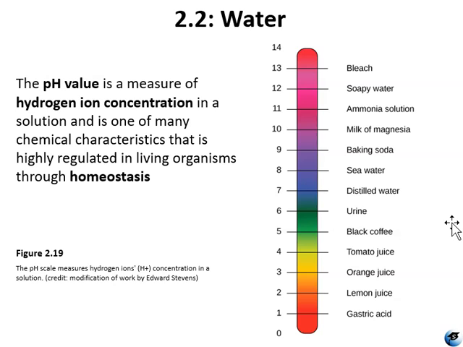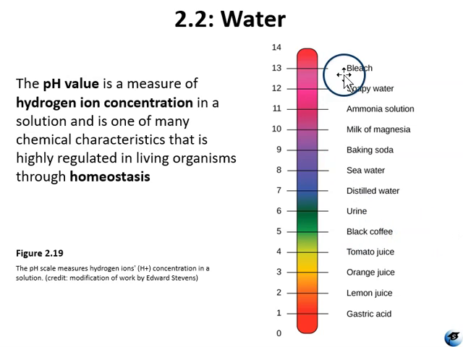That is, pH is the measure of hydrogen ion concentration in water or any other solution. A solution with more free hydrogen ions is acidic, and a solution with very few free hydrogen ions and more hydroxyl ions is basic, also known as alkaline. And this is one of the many chemical characteristics that living things must regulate in order to maintain homeostasis.